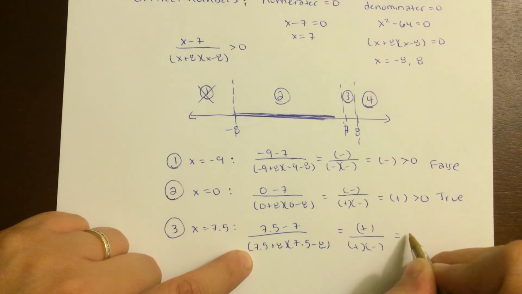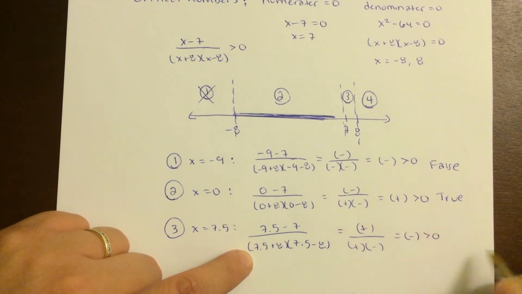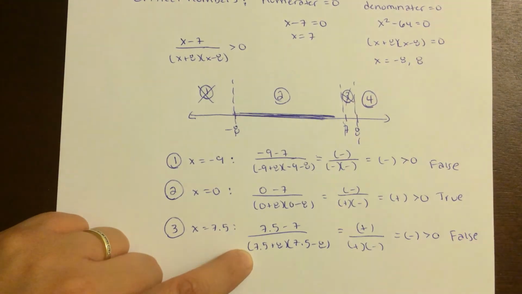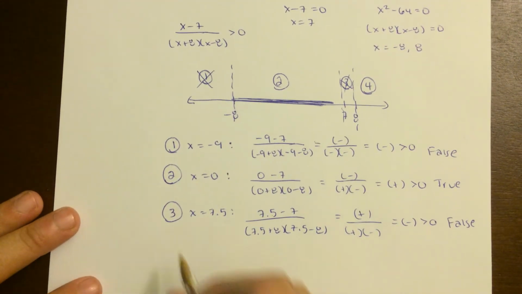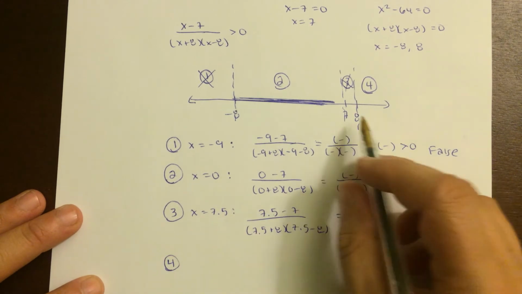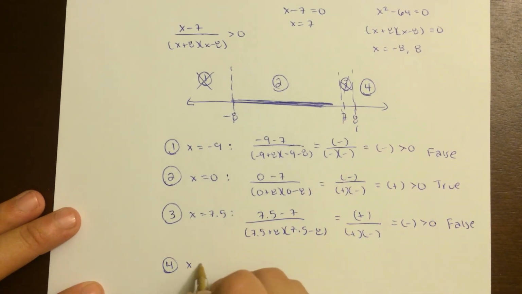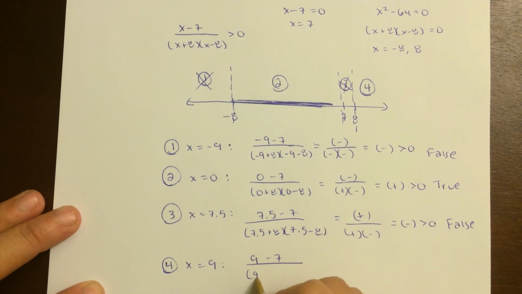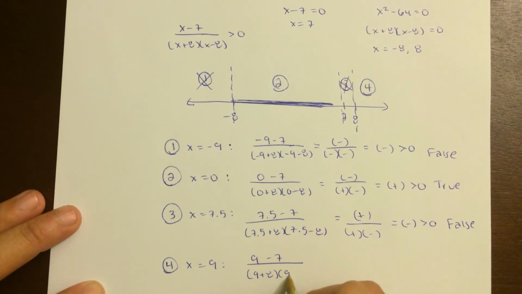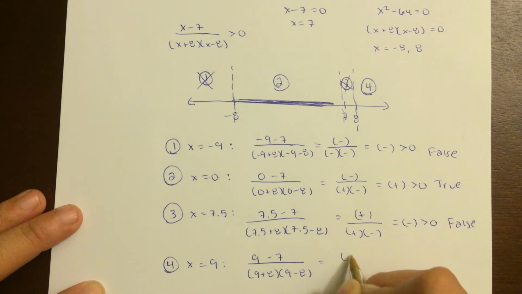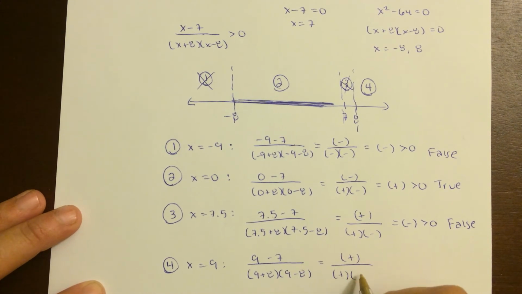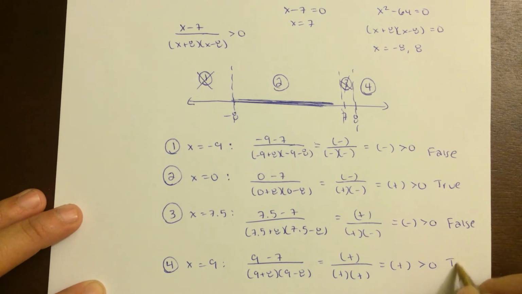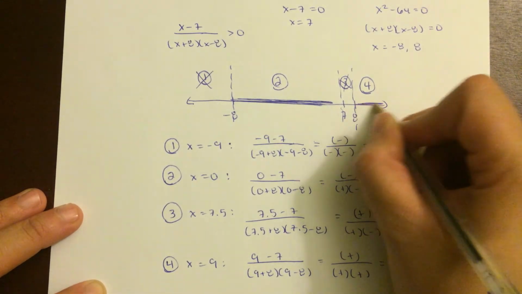So the whole thing is going to be negative, which is not bigger than 0, so it's false. And that region's out. Fourth region, bigger than 8, so 9. In this case, everything comes out positive. So we have a positive, bigger than 0, which is true. So this is part of the solution.